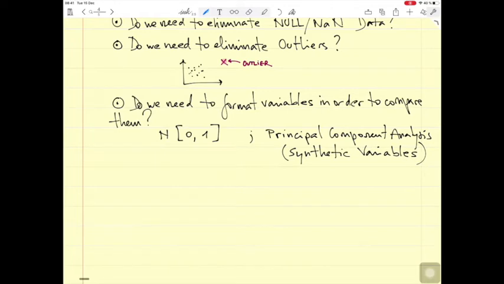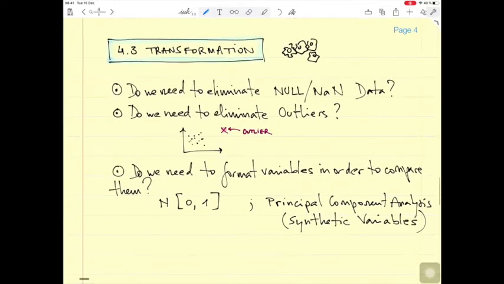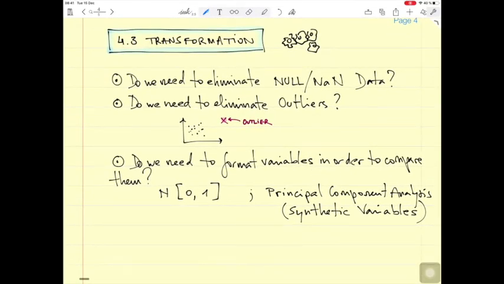Any questions about the transformation? So we play with the data, we transform the data, without losing information.